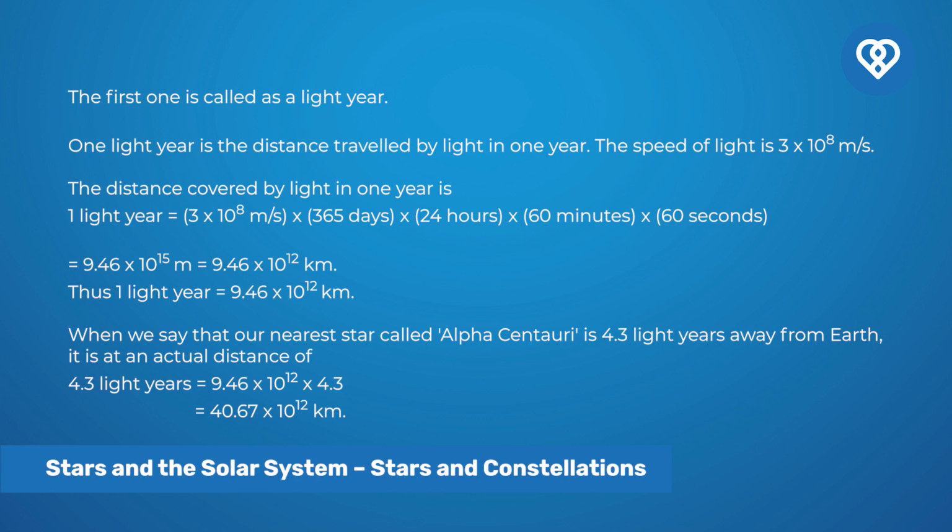Thus, 1 light year is equal to 9.46 into 10 to the power 12 kilometer.